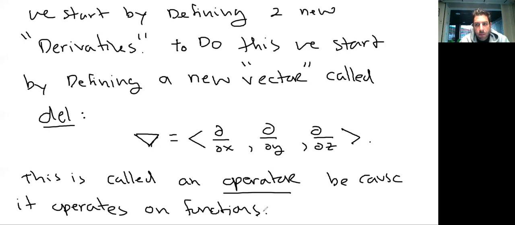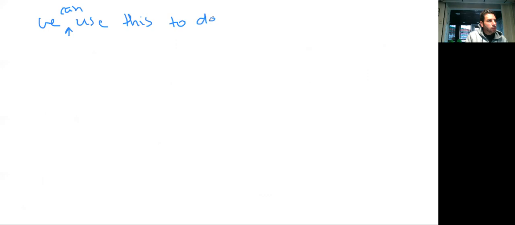So you've seen this symbol before. So, for example, we can use this to define the gradient of a scalar.